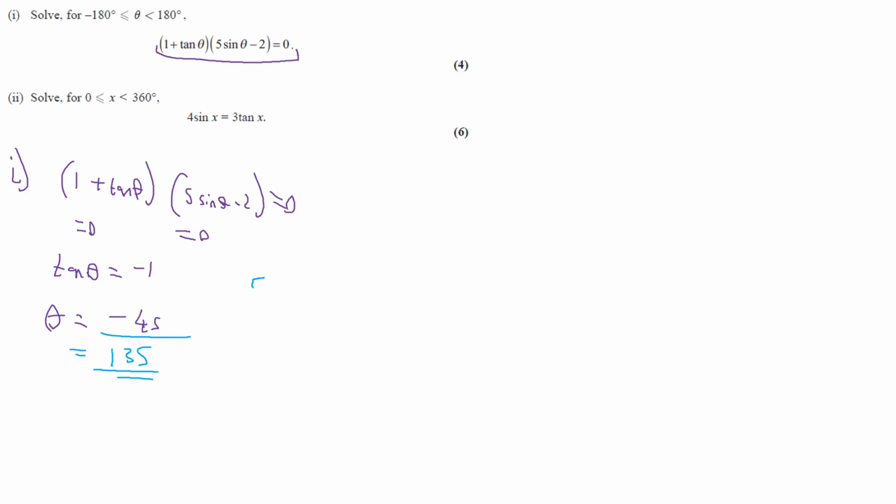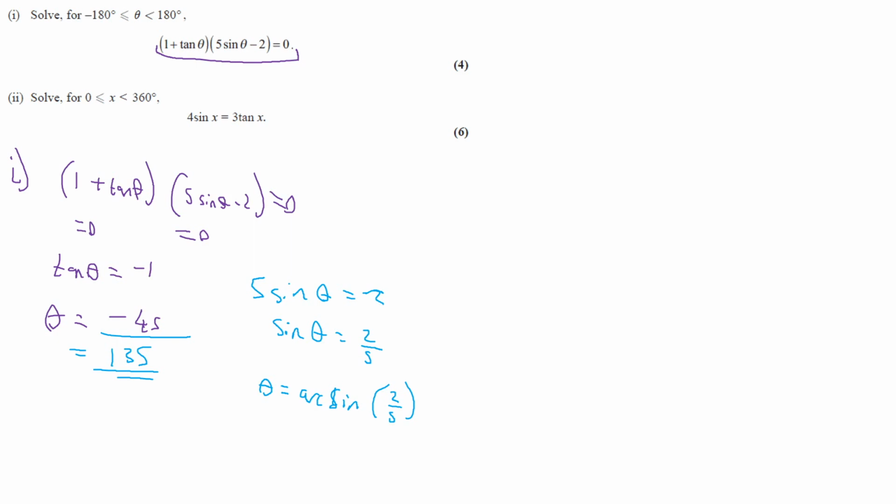Now let's go over the next value. We got 5 sine theta is equal to 2. So therefore, sine theta is equal to 2 over 5. And so theta is going to be the inverse sine of 2 over 5, which is sine minus 1 as some normies call it.